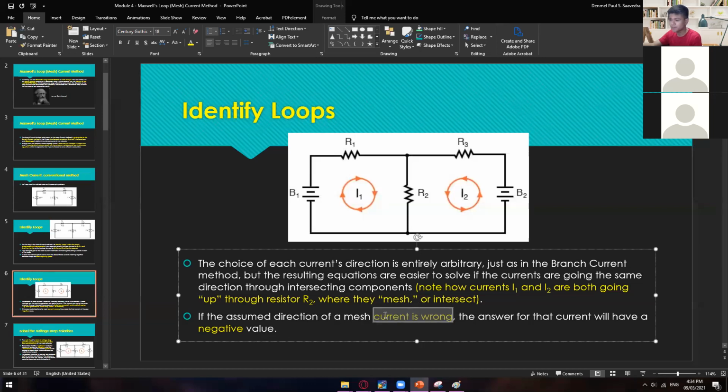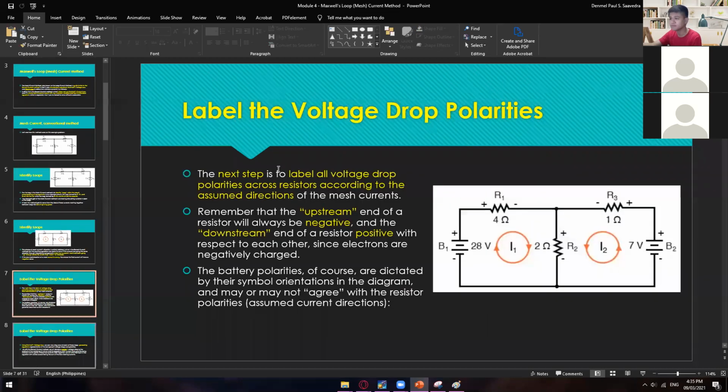But sometimes again, if you get a negative value, it's 50-50, so it's not sure yet. We are not sure yet whether you really get the correct answer or not. So just do it again and get the positive value instead of the negative one.